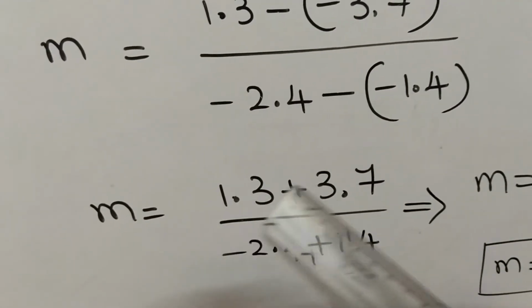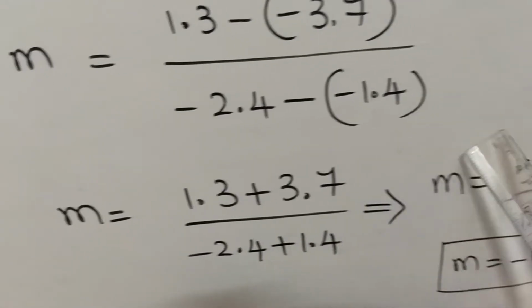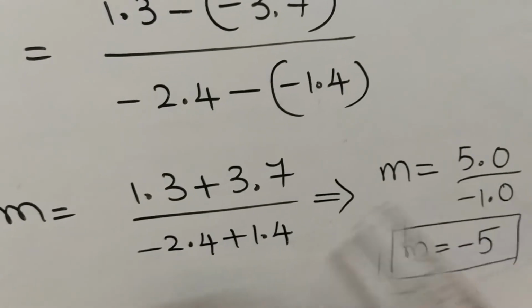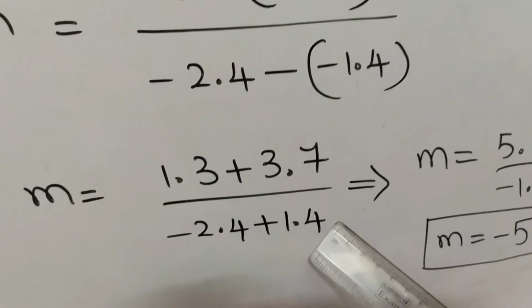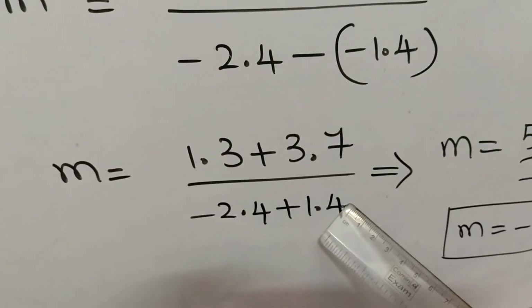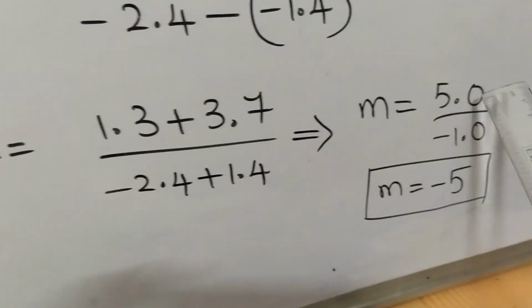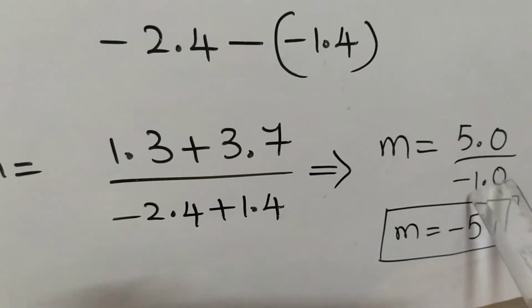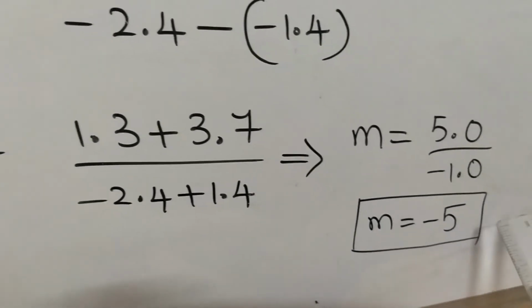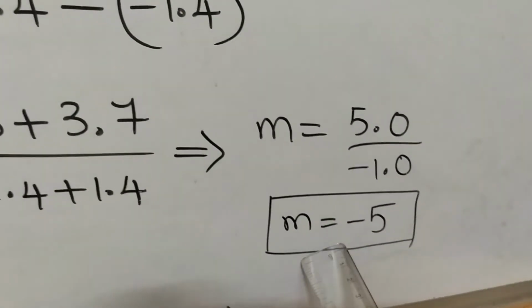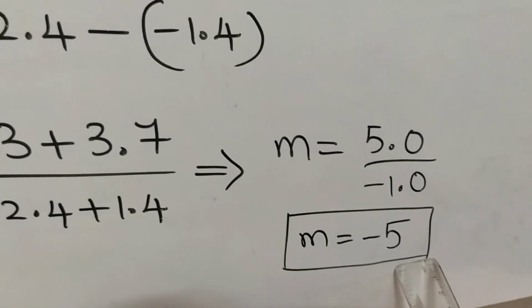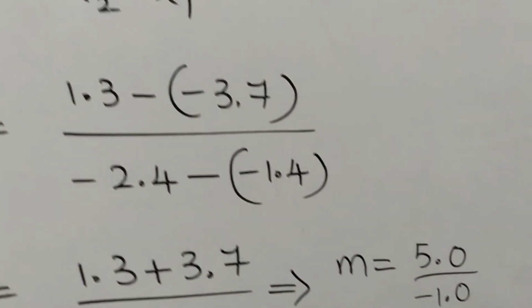Now 1.3 and 3.7 is 5.0, by minus 2.4 plus 1.4, that is 2.4 minus 1.4, which is minus 1.0. This is 5 by 1, and minus is there, so it is minus 5. Therefore the slope value is m equals minus 5. This is the solution of the fifth one.